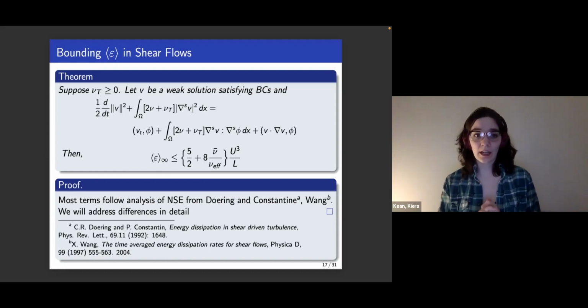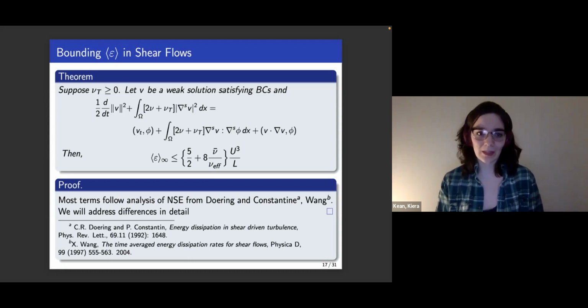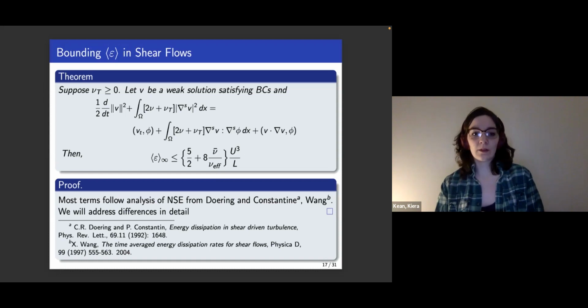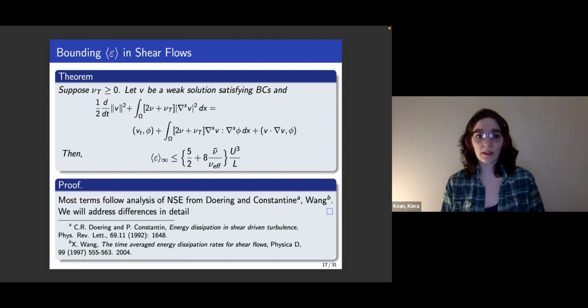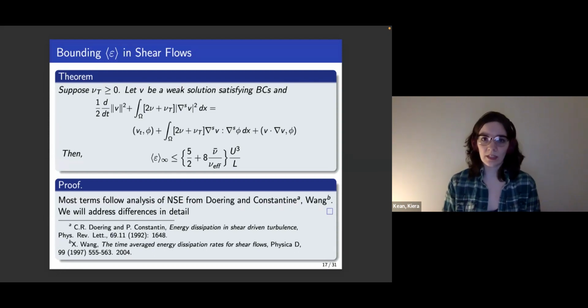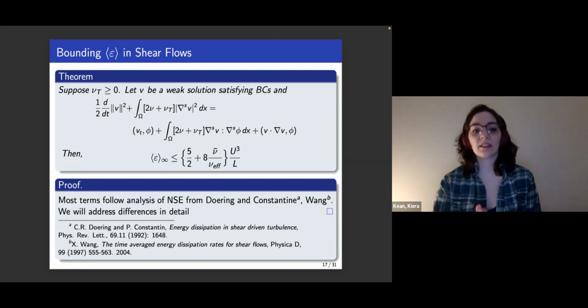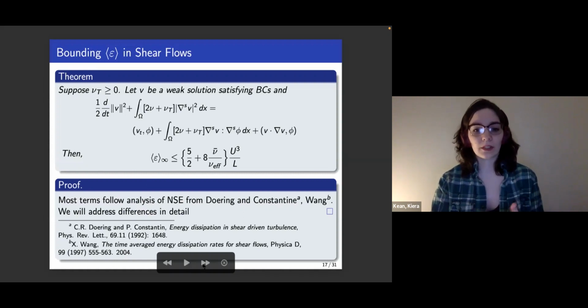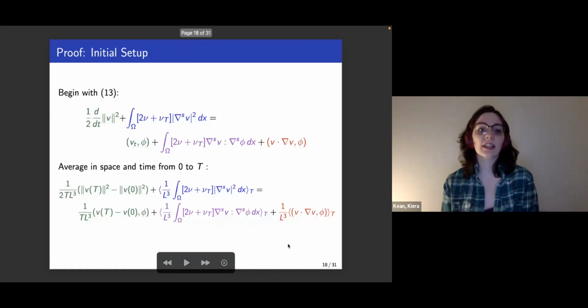In terms of the analysis, it's always a little difficult to do a proof in a PowerPoint. So for most of the terms, we will just follow the analysis done by Constantin and Doering, as well as Xiaoming Wang. And we'll mostly just go into the details of the differences in what we did versus what was done previously.